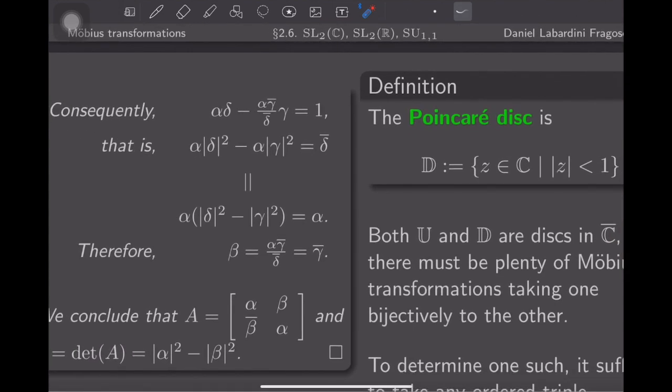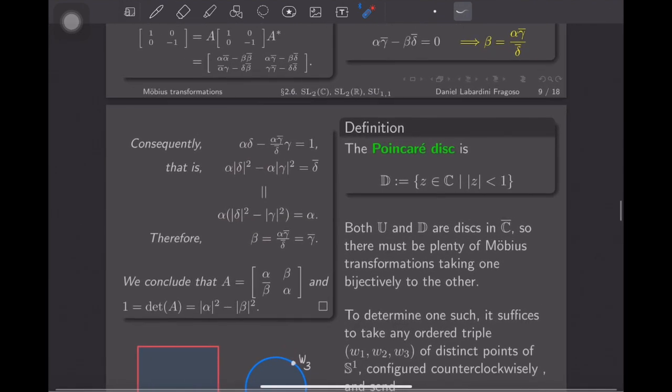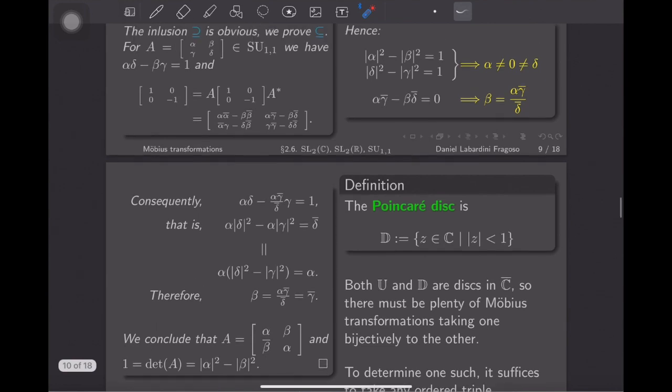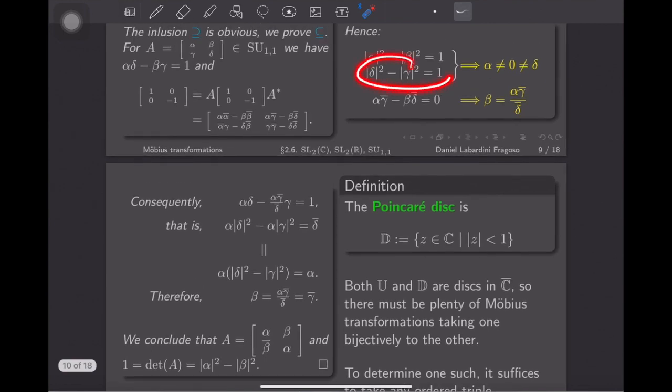Right. But then you see here I have this equality, and I can multiply with the conjugate delta. So conjugate delta passes to the right, and here it becomes the norm square, right? And then this gamma conjugate becomes norm square of gamma. I can factor alpha. And then you see here this is 1.